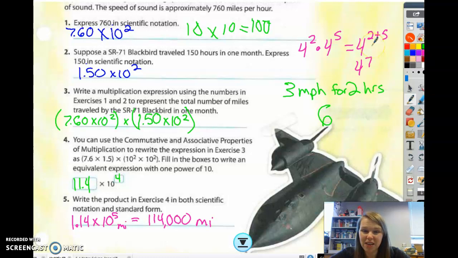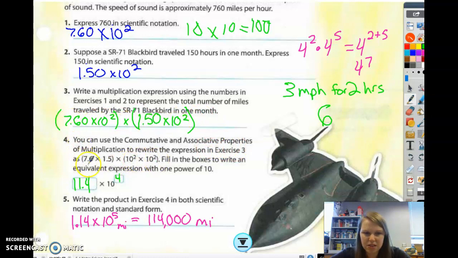So I'm thinking we can rearrange this stuff so we can do this a little more easily. This says you can use the commutative property, which means you rearrange the numbers, and the associative property, which means you change where the parentheses are, to rewrite the expression in exercise 3 as this. Do you see what they did?